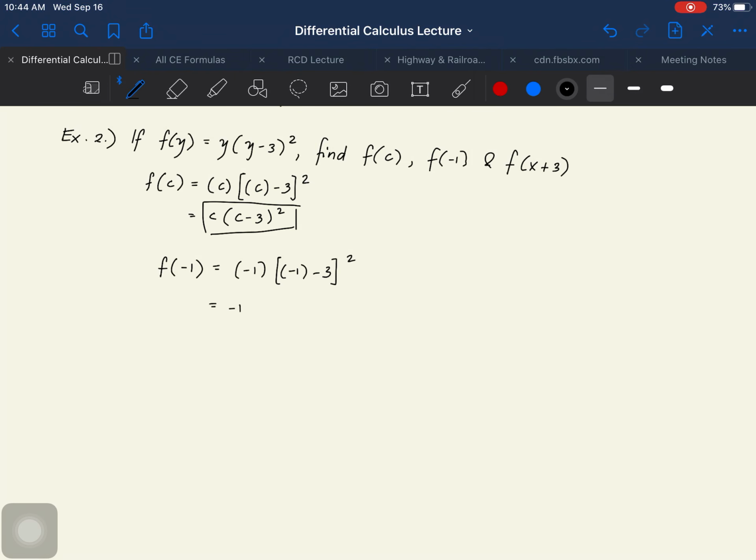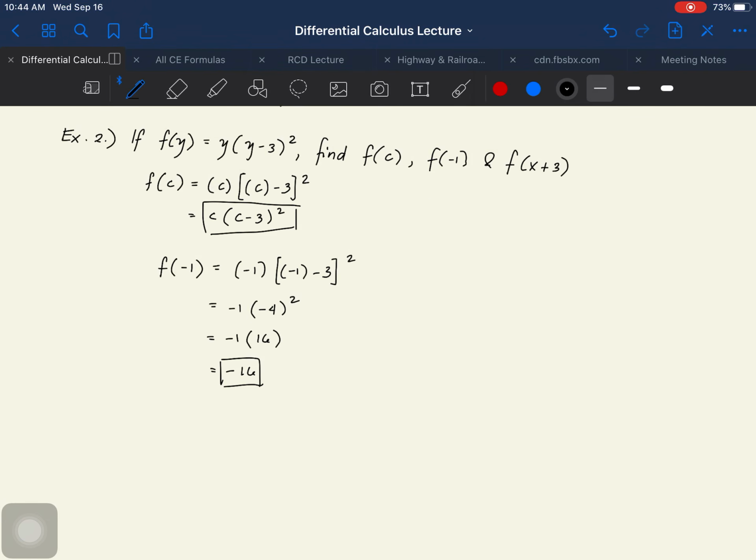What happens here? -1 minus 3 becomes -4. So what is -4 squared? That is positive 16. So the final answer here is -16. That is the answer for the second one of example number 2.